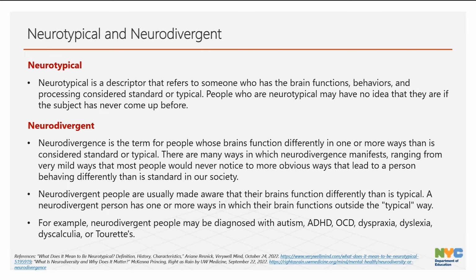Neurodivergent people are usually made aware that their brains function differently than is typical. A neurodivergent person has one or more ways in which their brain functions outside the "typical" way. For example, neurodivergent people may be diagnosed with autism, ADHD, OCD, dyspraxia, dyslexia, dyscalculia, or Tourette's.